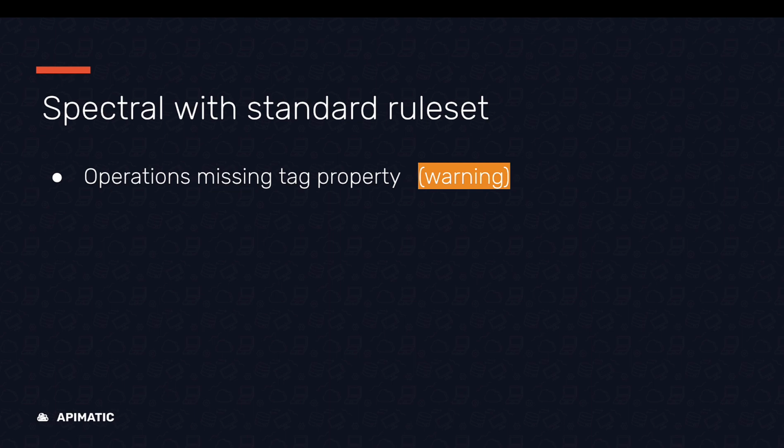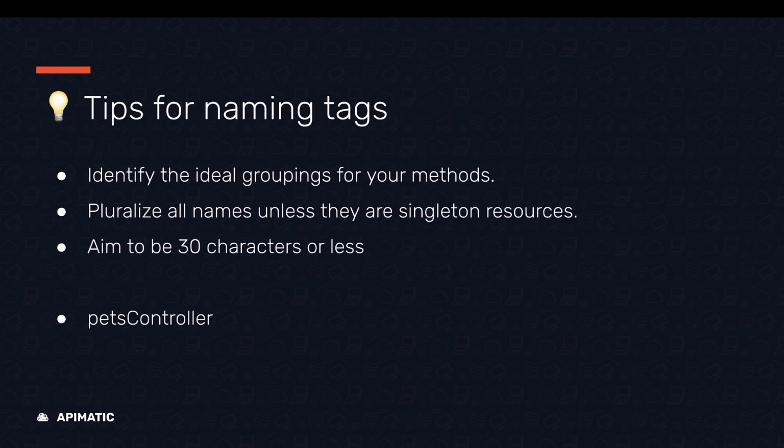Spectral will give you a warning if you're missing that tag, so that's good that we're catching that and giving you a warning about it. In naming tips for our tags, identify those ideal groupings, pluralize the names unless they are actually a singleton resource. So something like pets controller is a good example.